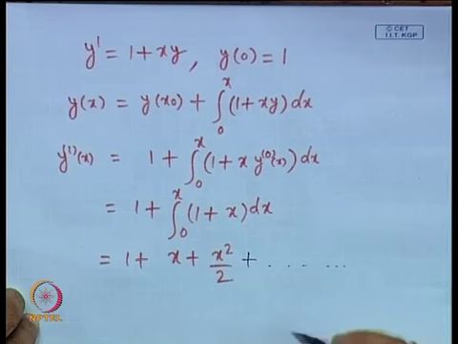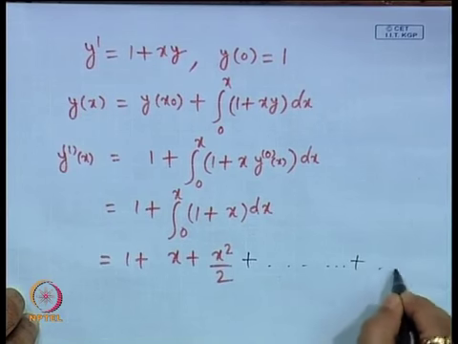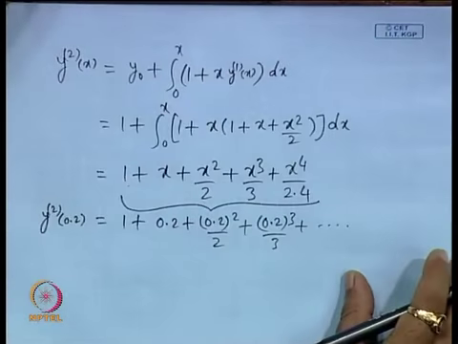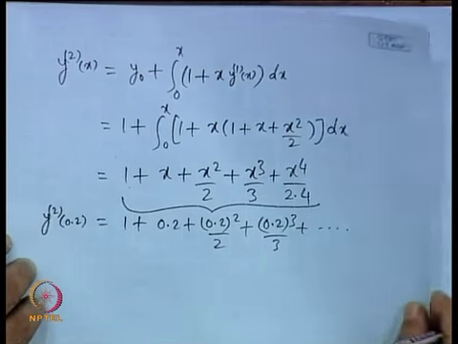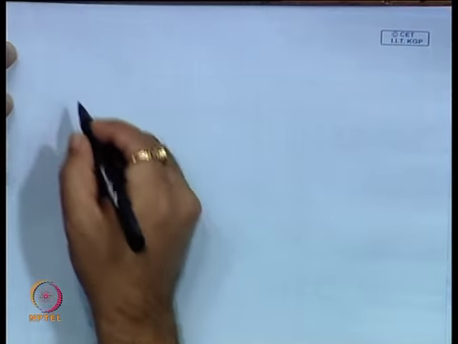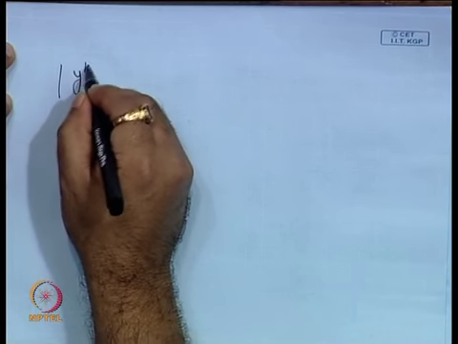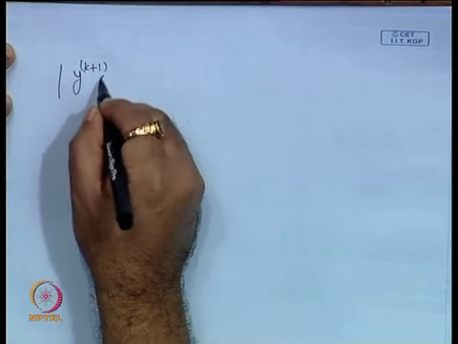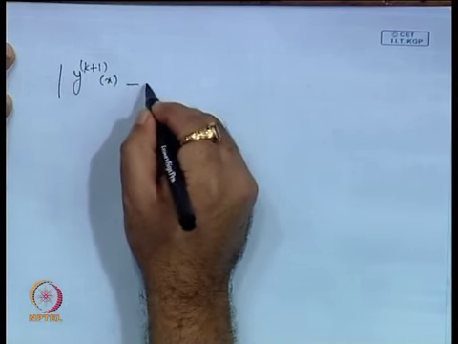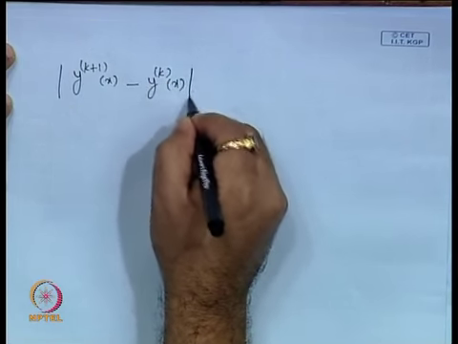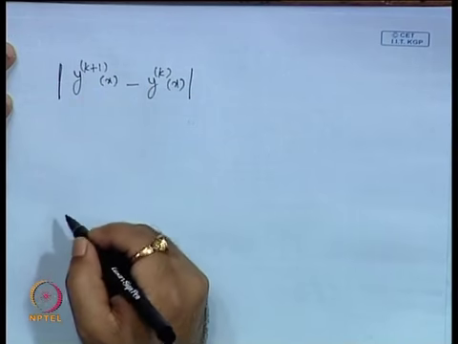So, naturally if you further refine, you get some additional terms. Okay. So, keeping this in view, when do we stop? You consider at some k plus 1th stage, then you compare with the value at the previous step.